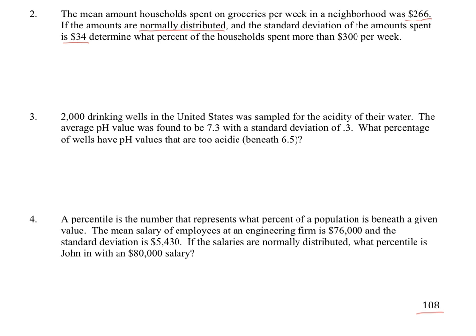In order to figure that out, we're going to calculate it by taking whatever the number is. In this case, it's going to be 300, subtracting the mean, and dividing all of that by whatever the standard deviation is. So our number that we're going to use is 300. We want to know about 300, minus the mean, which is 266, divided by a standard deviation of $34.